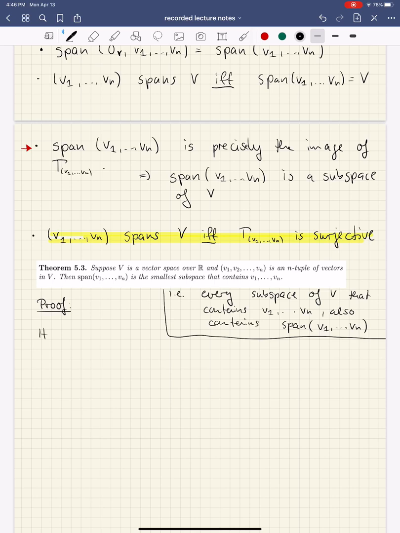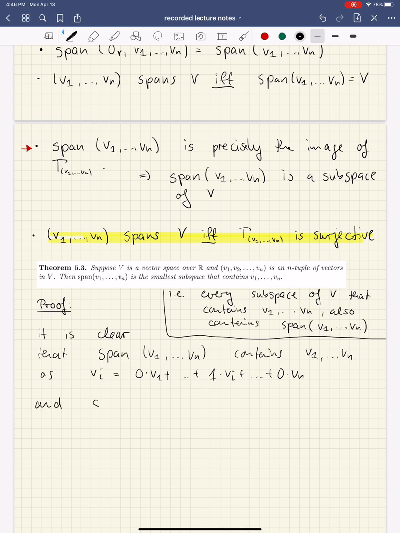So it is clear that the span of v1 through vn contains v1 through vn, as vi is equal to 0 times v1 plus ... plus 1 times vi plus ... plus 0 times vn. So I can always write a vi, obviously, as a linear combination of v1 through vn.